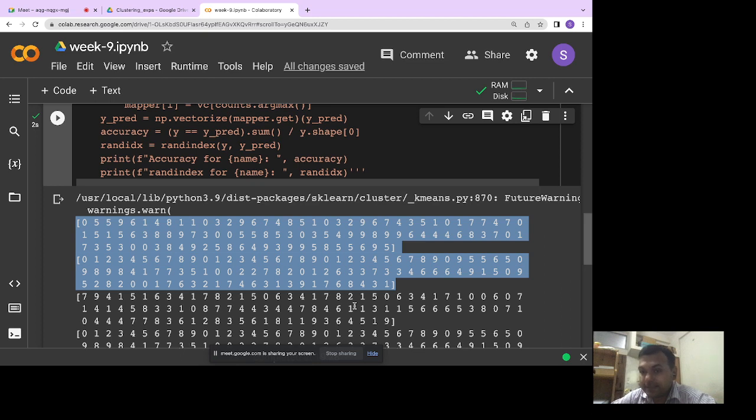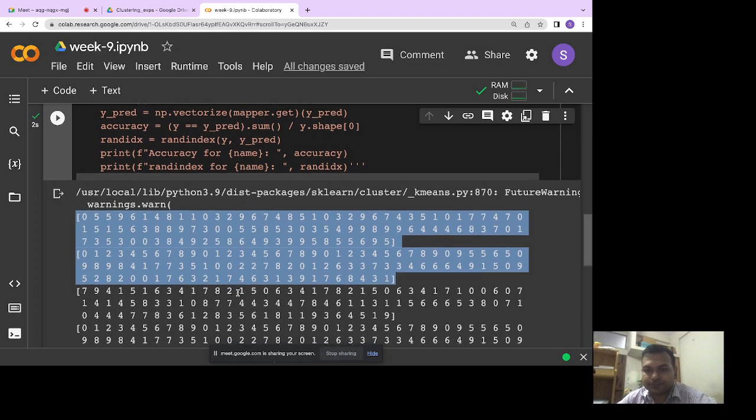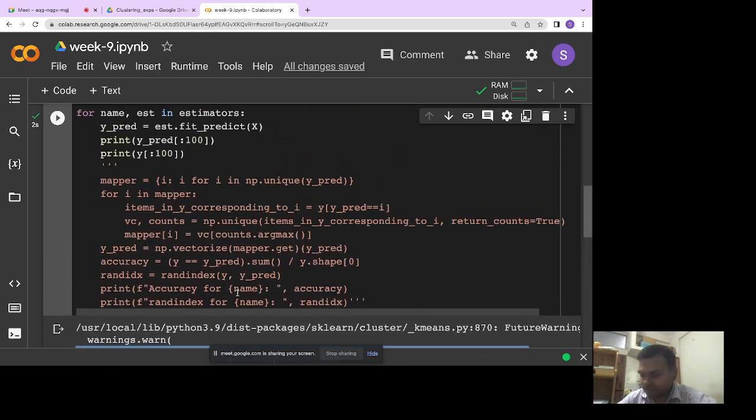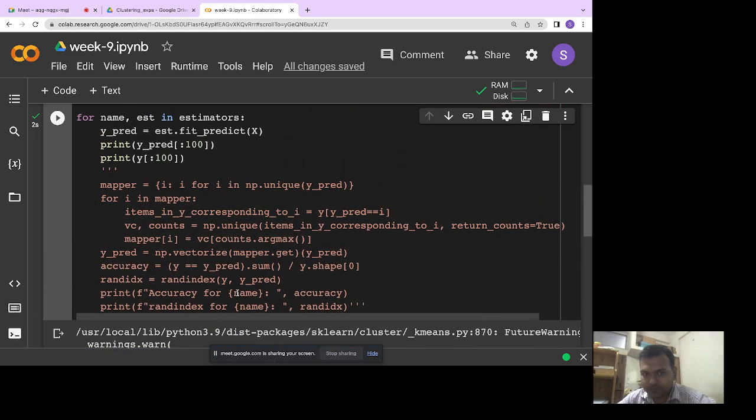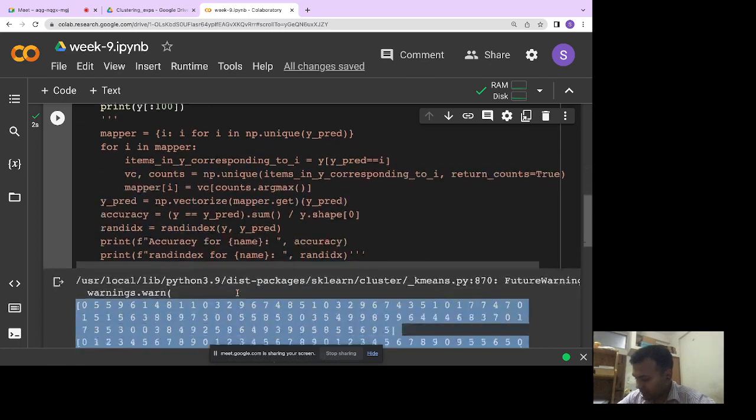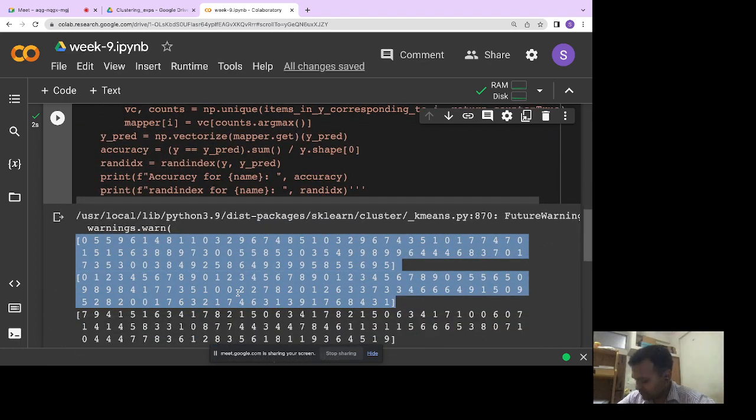Or is the cluster assignment really this bad, or are we looking at something and not interpreting it correctly? Anybody, any thoughts? You all can see this code, right? You can see this output also. Yes.